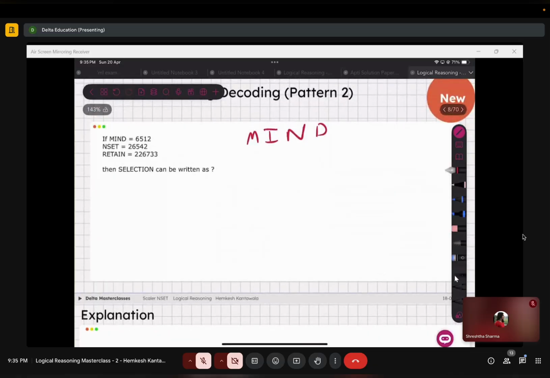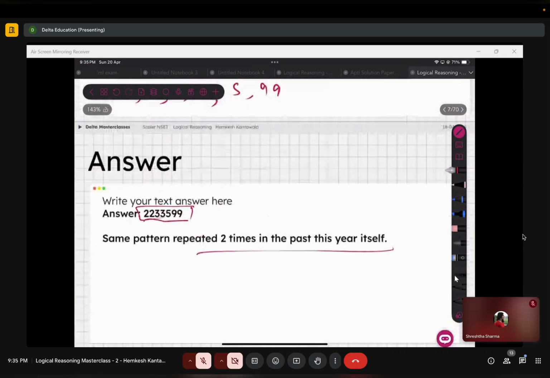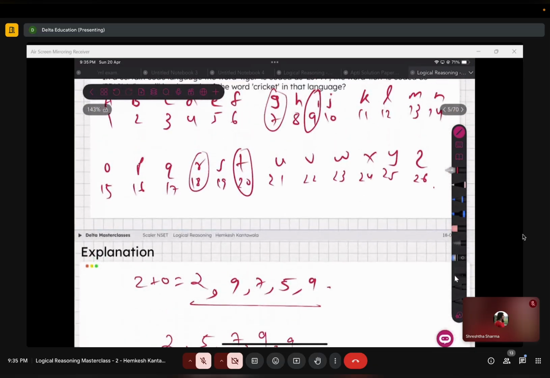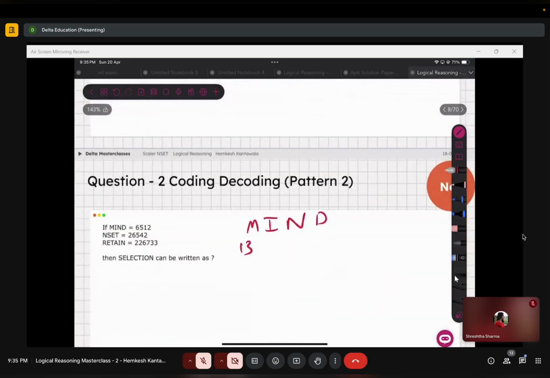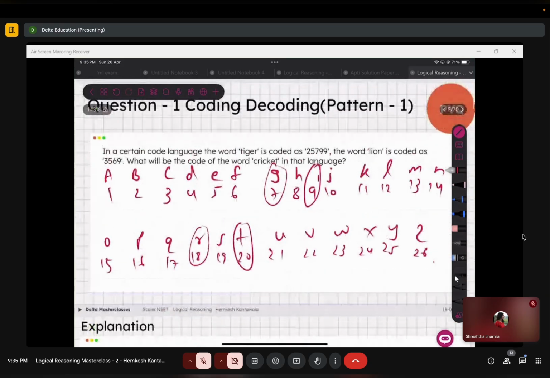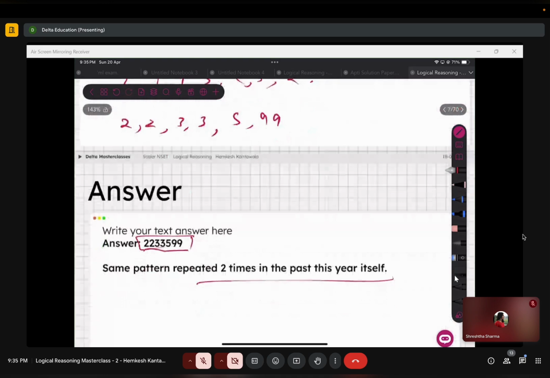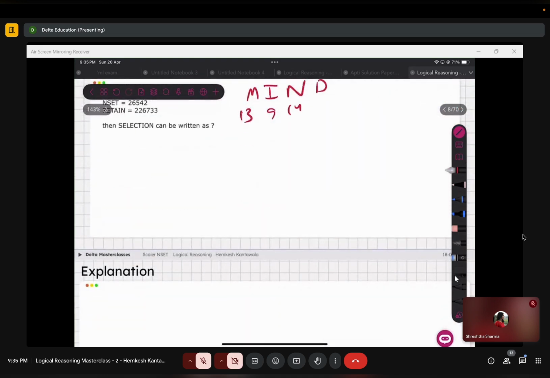M is 13. Okay, let me go ahead. M is 13, I is 9, N, which is 14, and D would be 4.